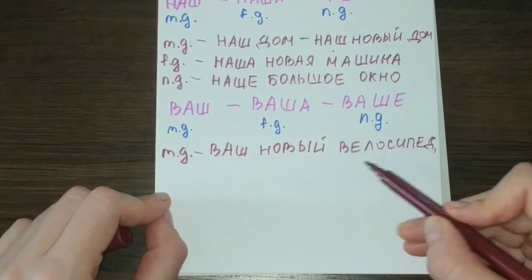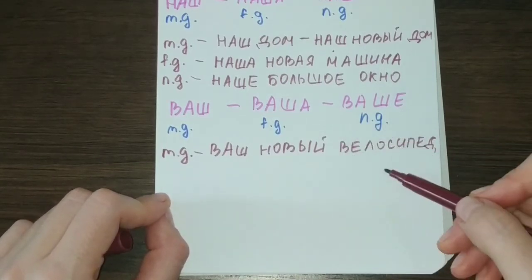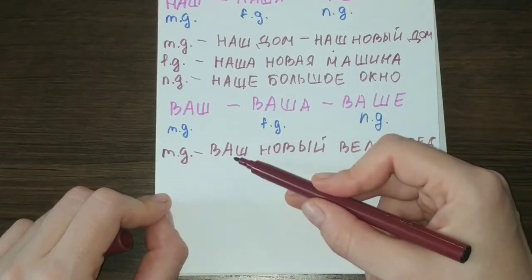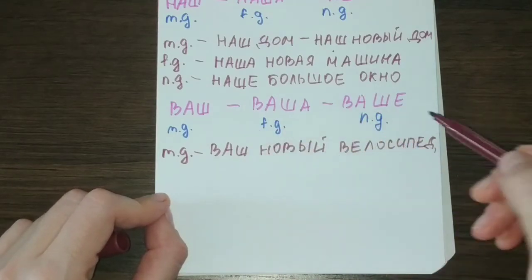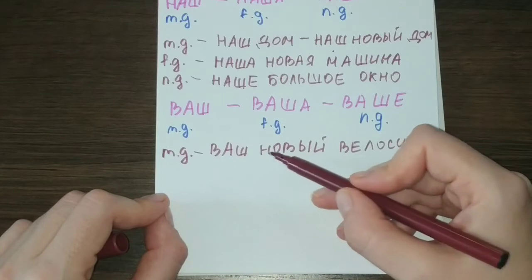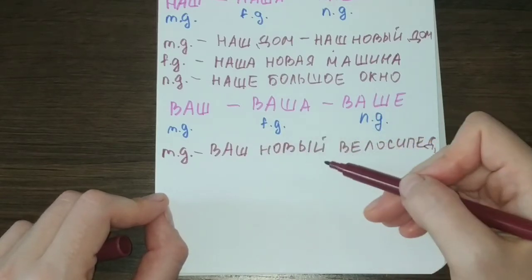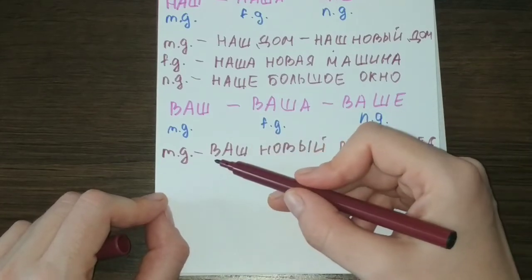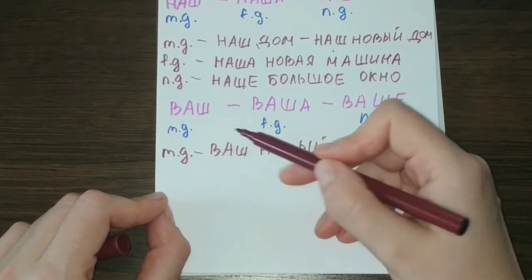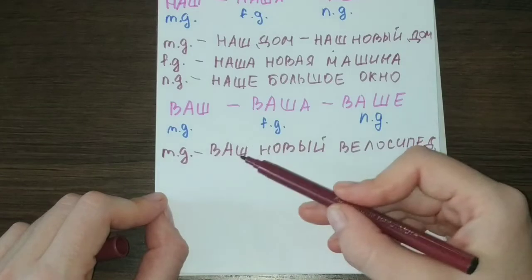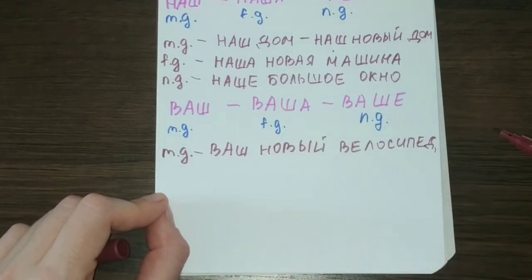So having distinguished that, we have to use the adjective and the possessive pronoun of the masculine gender as well. So here we are using the adjective новый, new, in the masculine gender, and the possessive pronoun your, ваш, of the masculine gender as well. So your new bicycle, ваш новый велосипед.